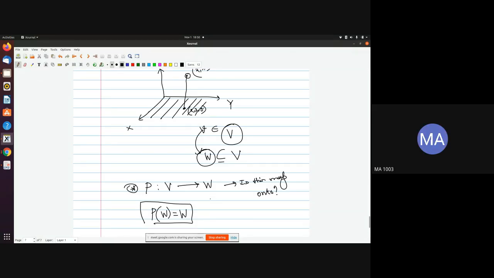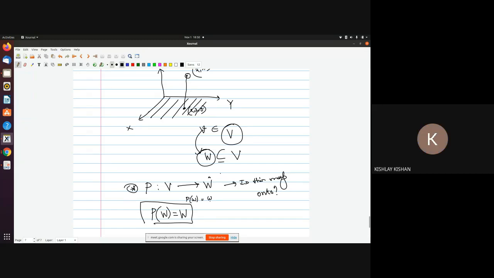We don't have to go to dimension actually. So if you take any vector of W, I can get a P image, because the projection is the same. So any element inside W has a P image, and that's what an onto map is, correct?